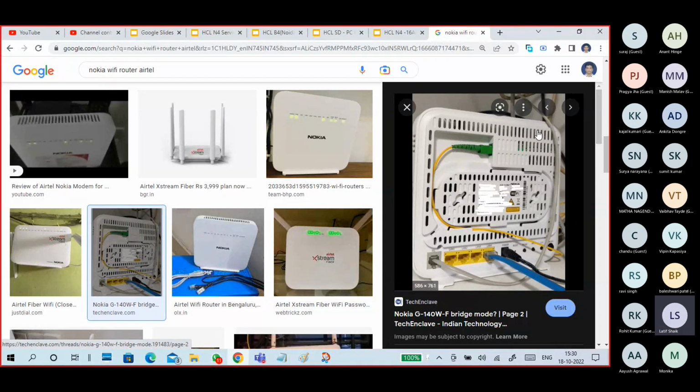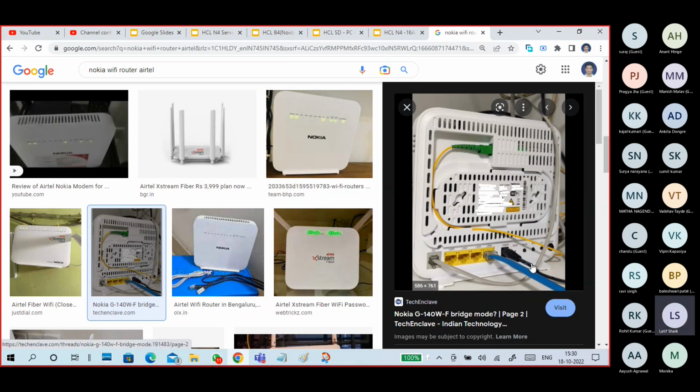This part is a modem. First it will understand this fiber optical communication and convert it into electrical form, establishing the internet. Then we can get the internet by Wi-Fi or wired connection.